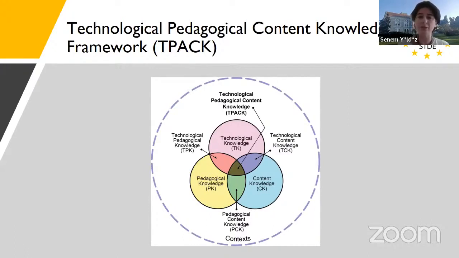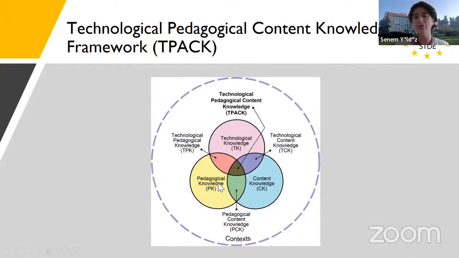If you're teaching young learners, that's something else. If you're teaching adolescents, adults, students with special needs, or students from underprivileged situations, these all require different strategies, methodologies, and techniques on the part of the teacher. So this is called pedagogical knowledge.